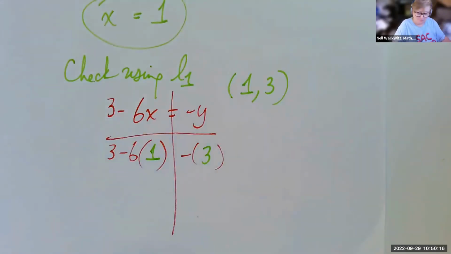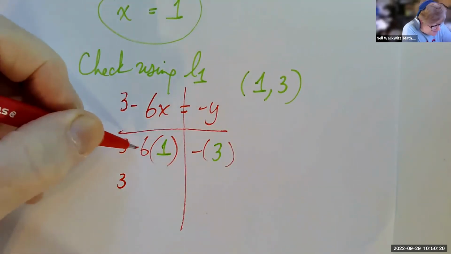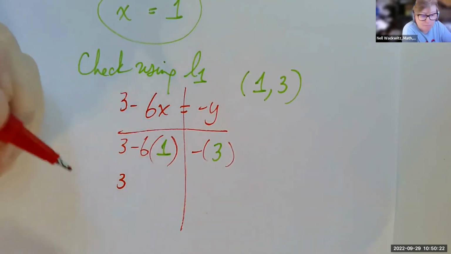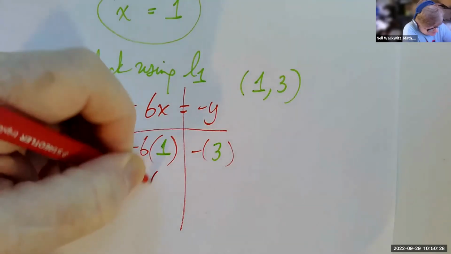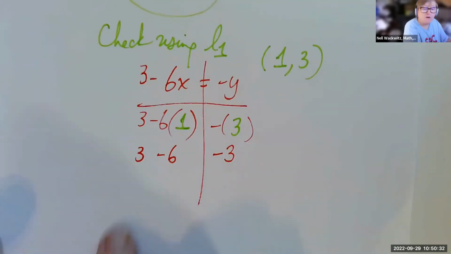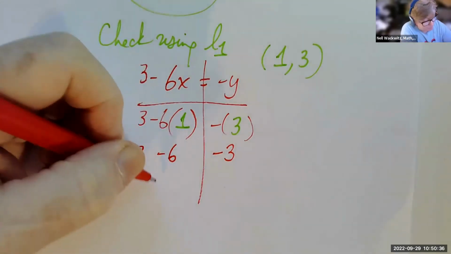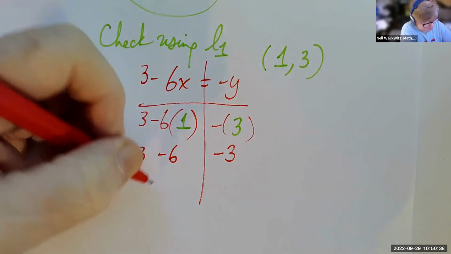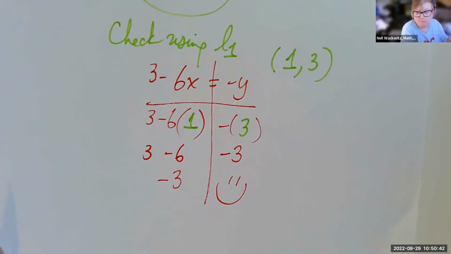Awesome. Okay, so I've got 3. What is negative 6 times 1? Negative 6. Excellent. And negative 3 is just negative 3. What is 3 minus 6 minus 3? Negative 6... 3 minus 6 is negative 3, so we get 3. Are we happy? Always.